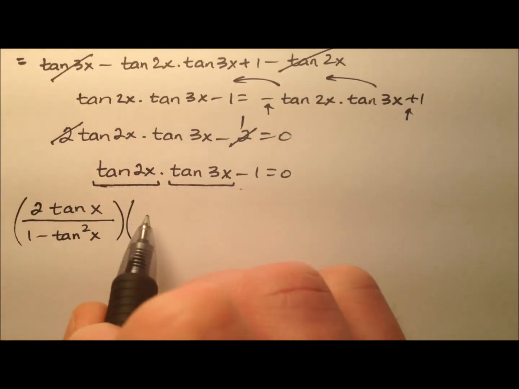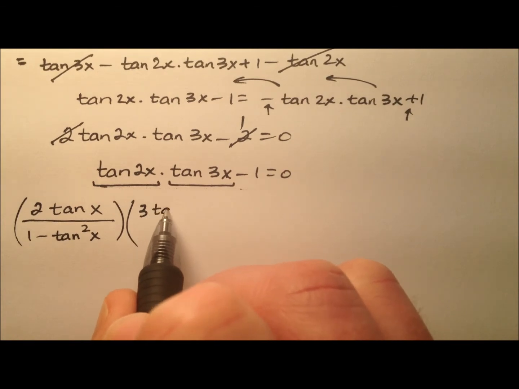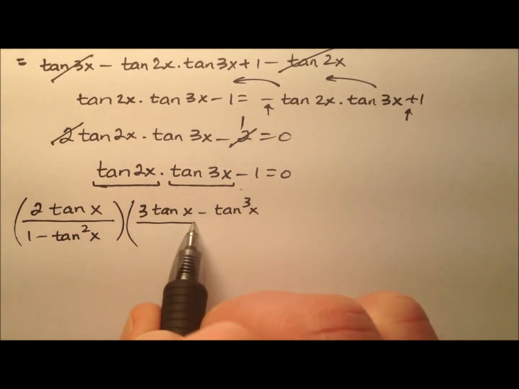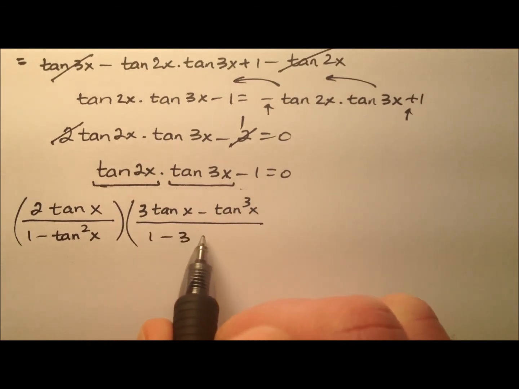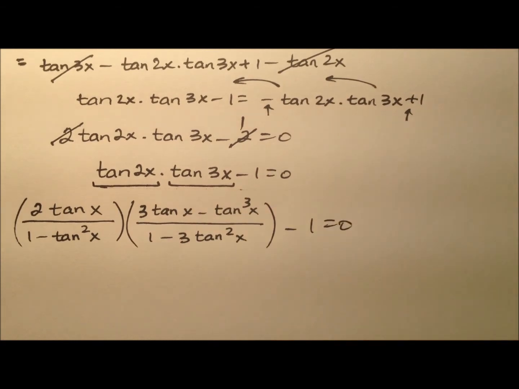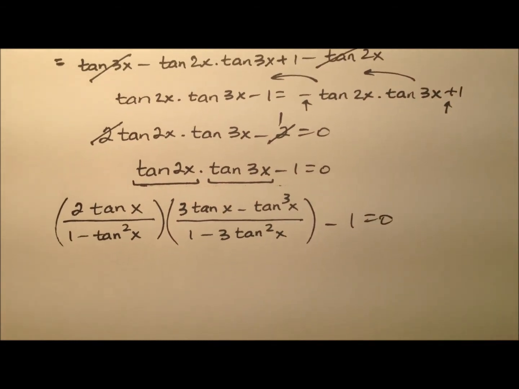And our triple angle identity will be 3 tangent of x minus tangent cubed of x all over 1 minus 3 tangent squared of x. Of course, that's minus 1, and then that equals 0.